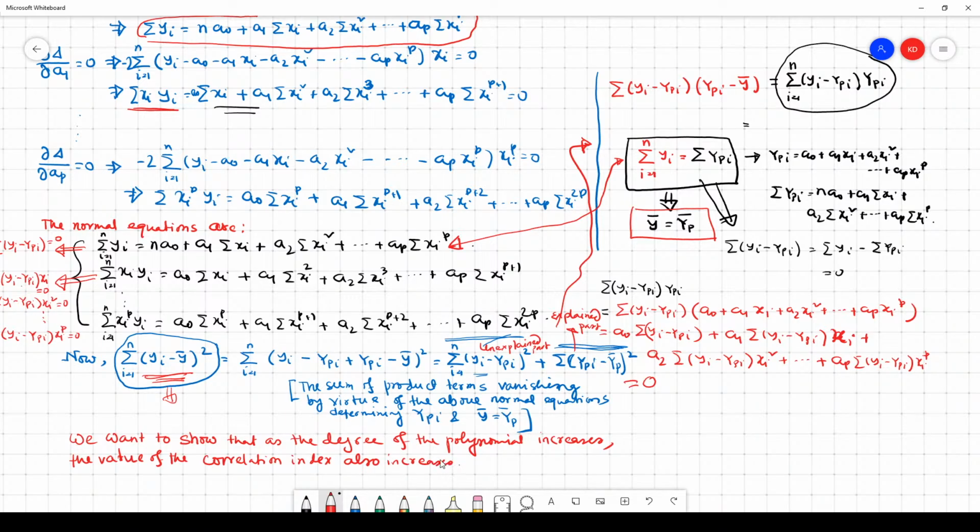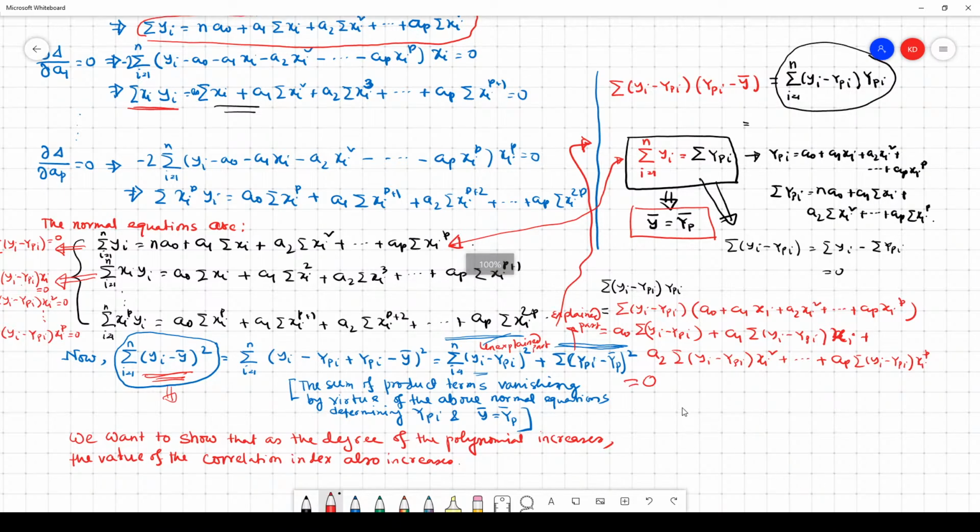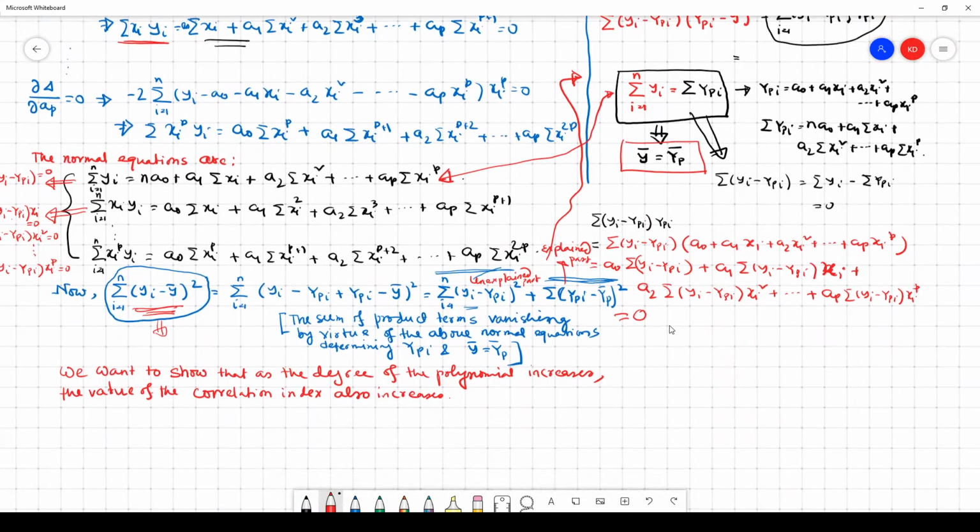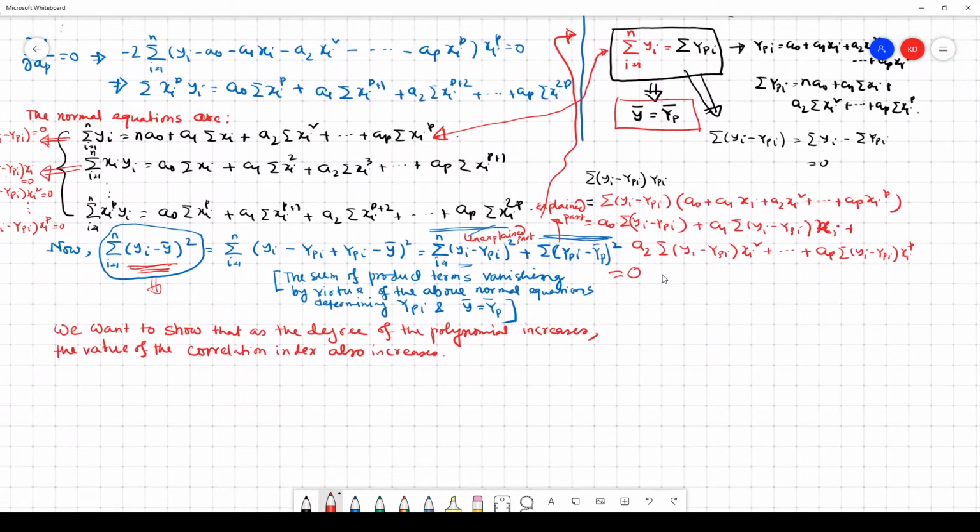So first I define what we mean by correlation index. I already mentioned that the coefficient of determination can be used as a measure of the strength of the regression equation. And this correlation index is not the correlation coefficient.